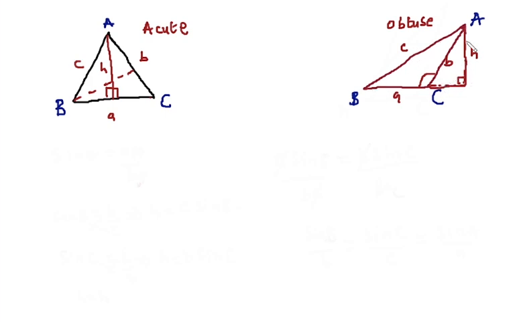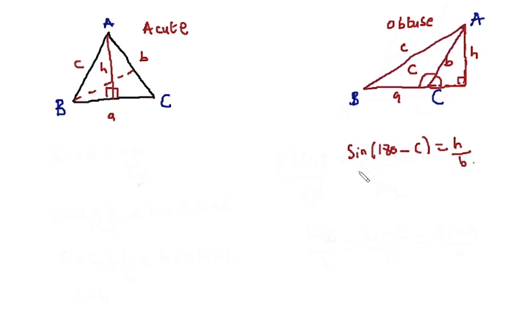If I'm taking note of the smaller triangle, I could say, remember this is a straight line, and if this is angle C, that means this is 180 minus angle C. So the sine of 180 minus C is equal to the opposite, which is H, over the hypotenuse, which is b. So this is H over b.